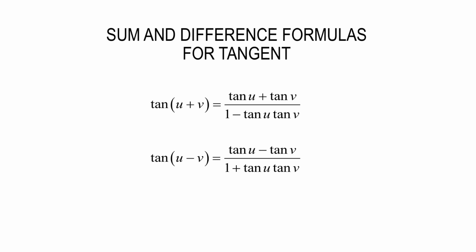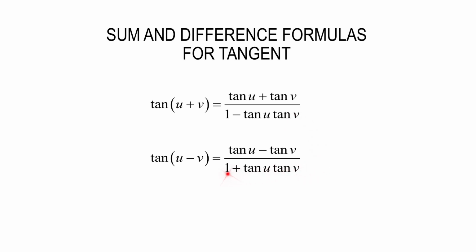Tangent also has a sum and difference formula. And again, let's examine it in terms of patterns we can notice. We have a u and a v. We go tan u, tan v. When we're adding, we're adding. And then on the bottom, we go 1 minus tan u, tan v.